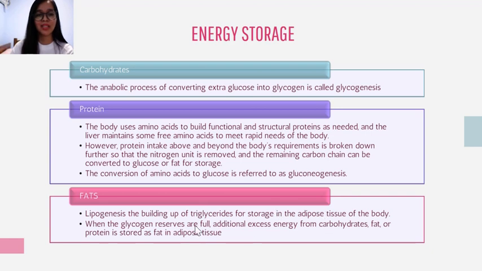This is basically the reason why when we consume too much carbohydrates and protein, we will still gain weight and become fat, because they are stored as fat. Basically, what we have talked about are anabolic reactions: your gluconeogenesis, lipogenesis, and glycogenesis.